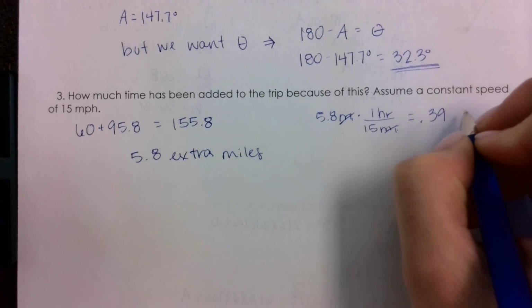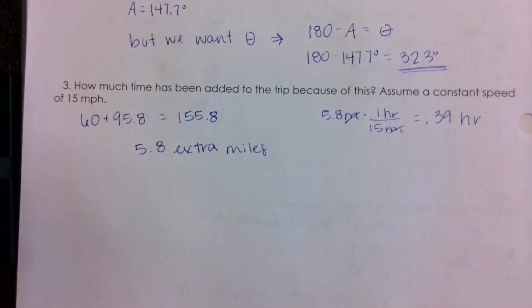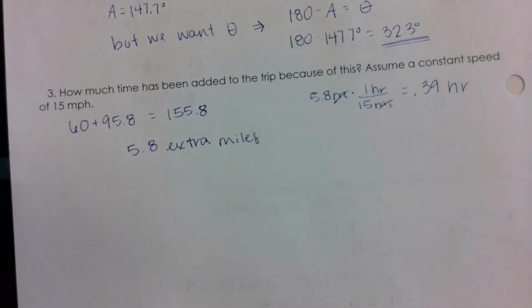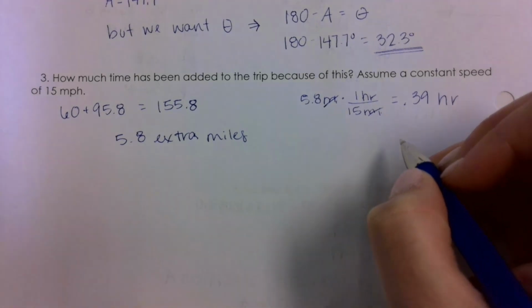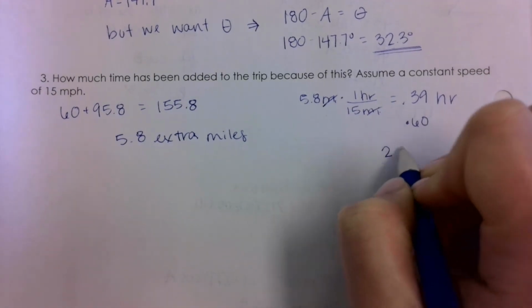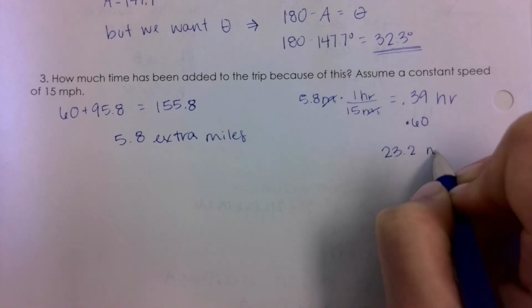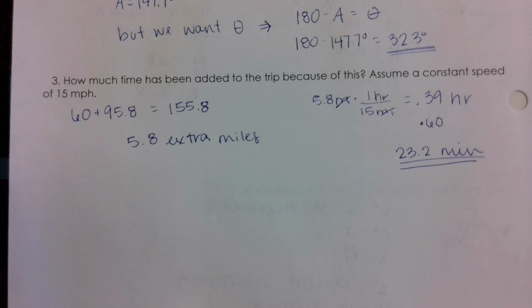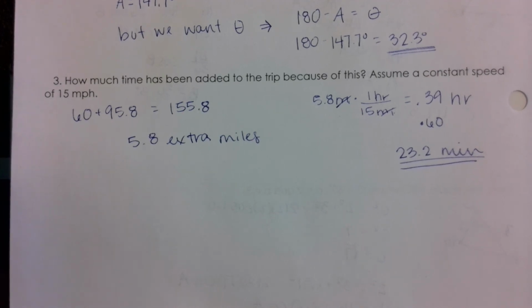Yeah. And then again, just like we were saying yesterday, if we're saying it takes 0.39 of an hour, does that make a whole lot of sense? So we need something that's going to make a little bit more sense than 0.39 of an hour. How can we do that? Multiply by 60, that's going to tell you how many minutes. So 0.39 times 60, what do you get? So 23.2 minutes. Questions?